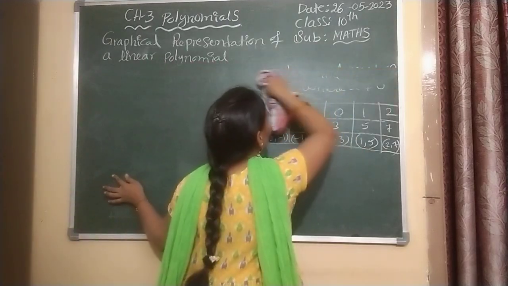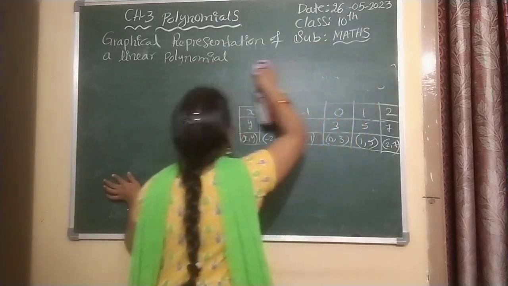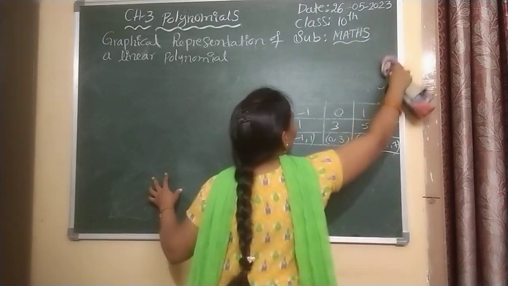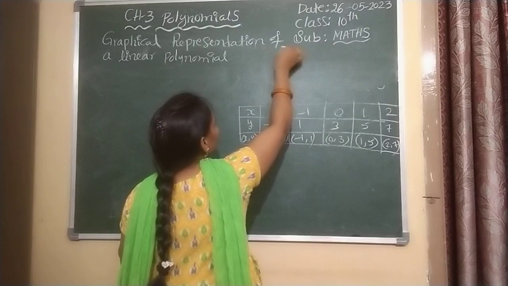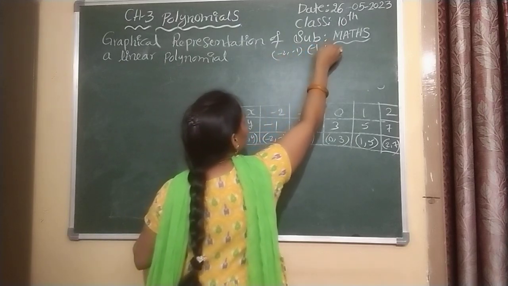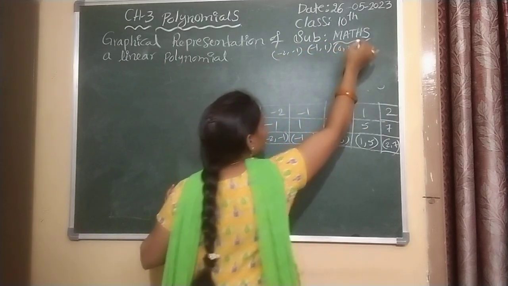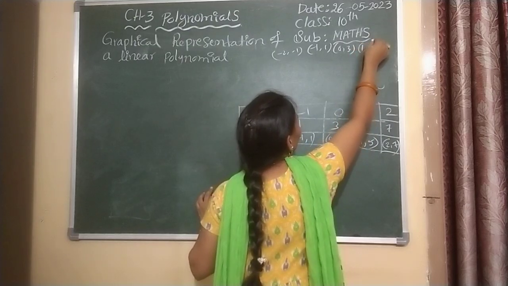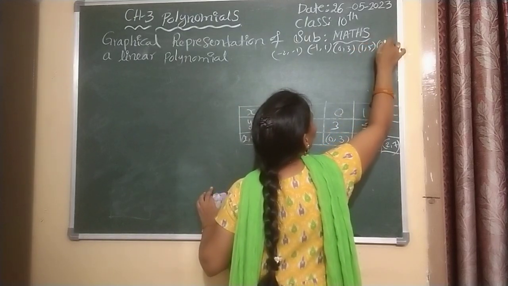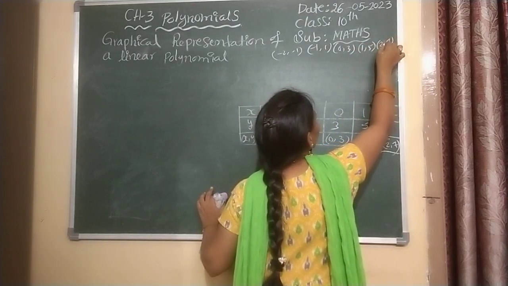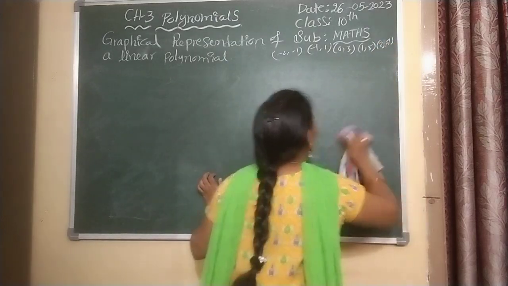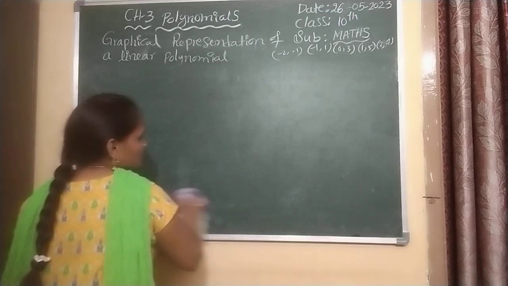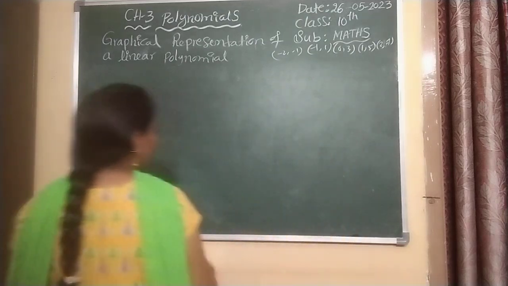Okay. Now I am going to plot the graphical representation. Here I am just writing minus 2, minus 1, minus 1, 1, 0, 3, 1, 5, 2, 7. Why? Because I am going to erase this, otherwise the space will not be sufficient. That's what it is for plotting the graph.